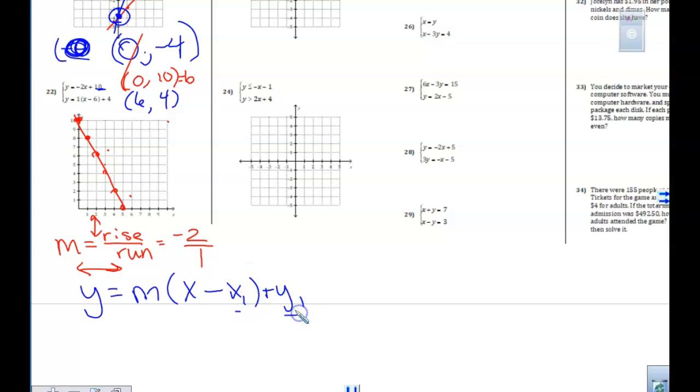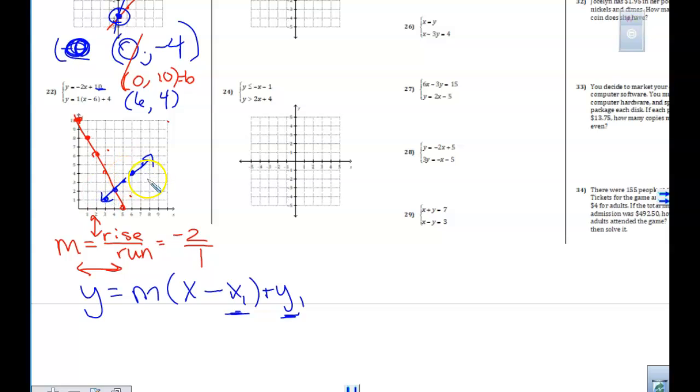So I'm looking at those 2 points, x1, y1, and it's telling me to start at 6 and up 4. Okay? All right, Prasha, what is the slope of that line? 1. So the second equation has a slope of 1.